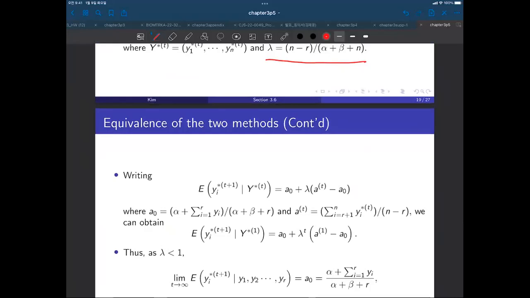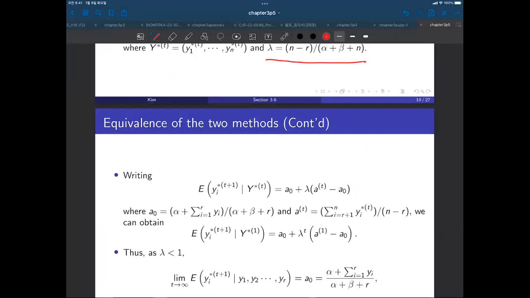You have an initial point, and this is a recursive formula, and this is a closed form of the formula. The sequence can be defined recursively, the relationship between the previous one and the next. Here it is from t to t plus 1, while this is from 1 to t plus 1.